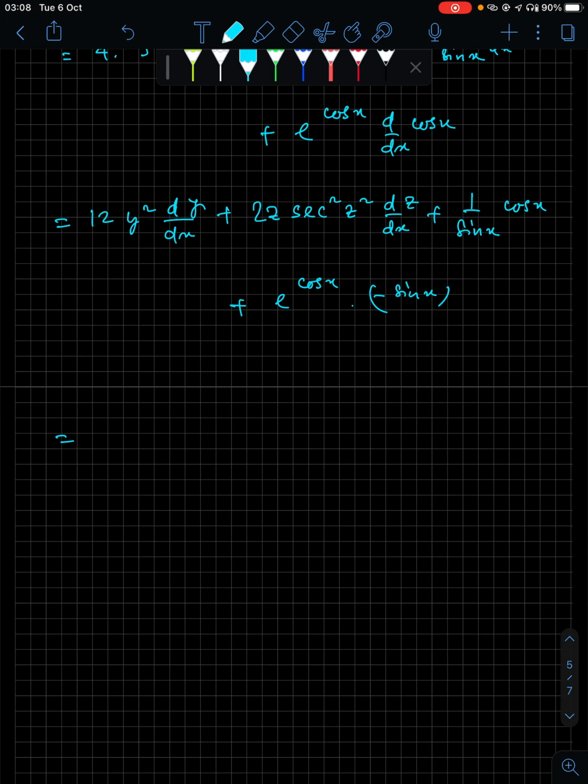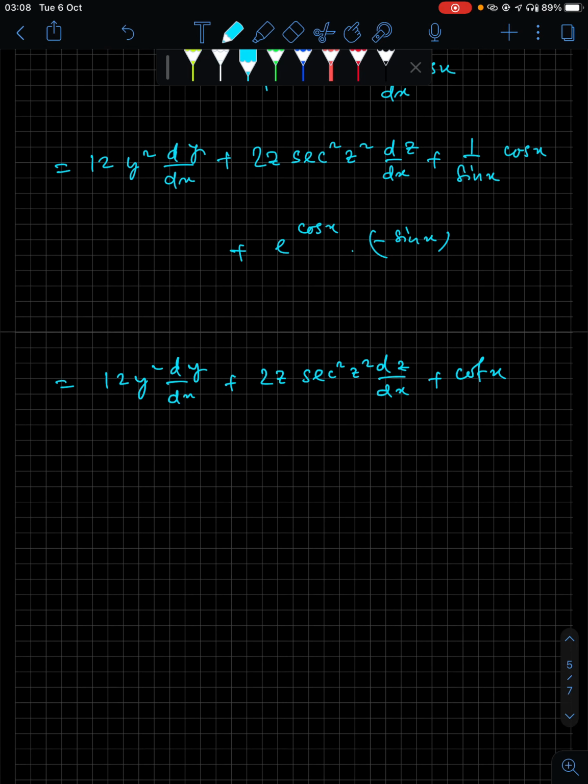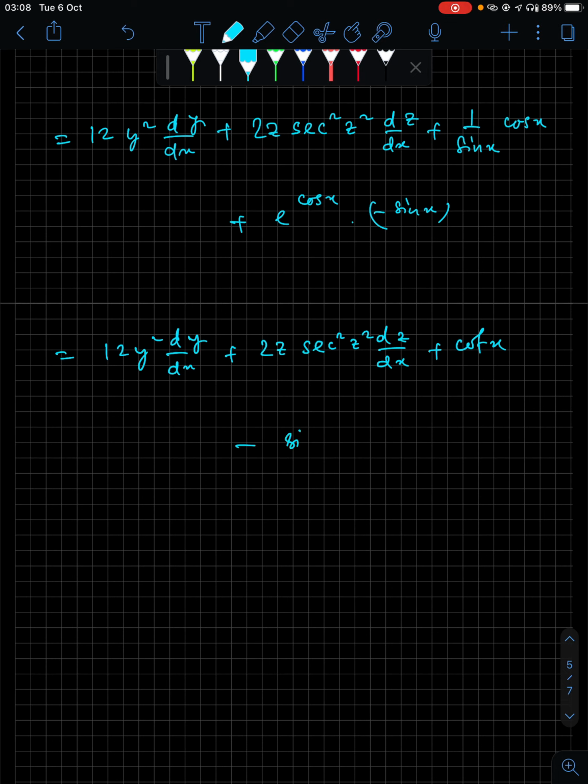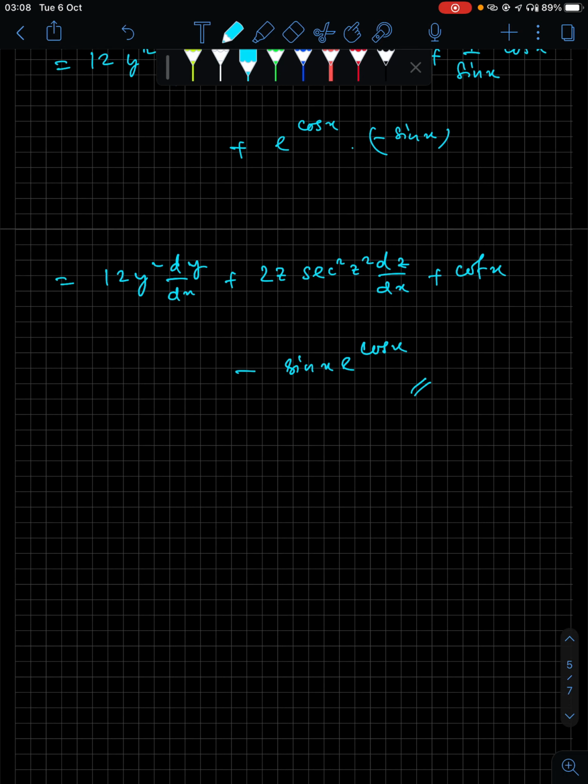So 12y square d/dx of y plus 2z sec square z square d/dx of z plus cos x by sin x is cot x, right? Minus sin x e to the power cos x. That's your answer.